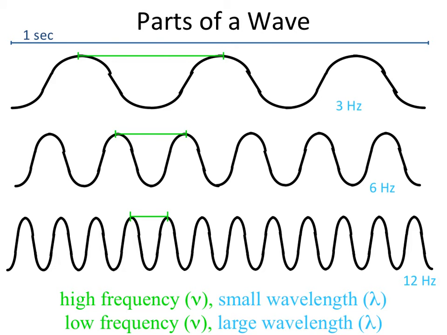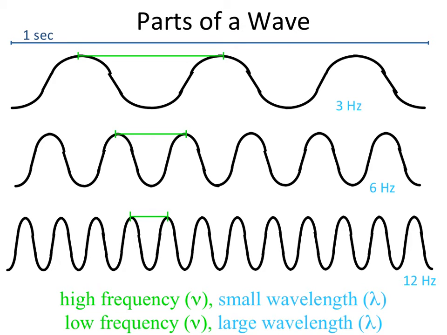If we look at this first wave here, obviously we have a fairly long wavelength, right? We have peak to peak. That's the wavelength of this specific wave. Now, if we go to this next example, notice that our wavelength is a little bit shorter, right? Peak to peak is shorter than what we saw in the original situation. If we look at this third one, notice that the wavelength is even shorter.